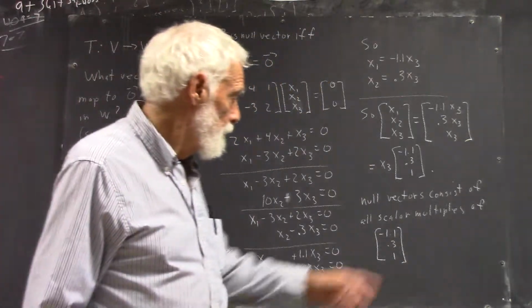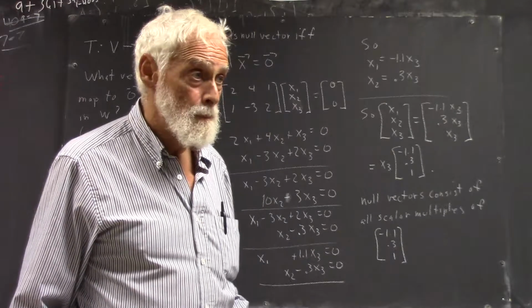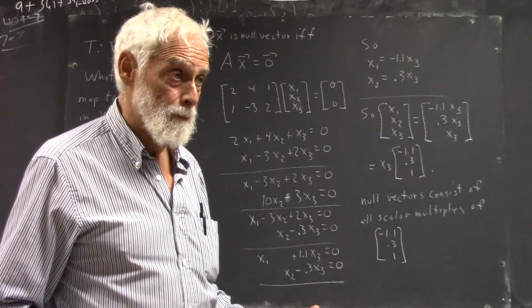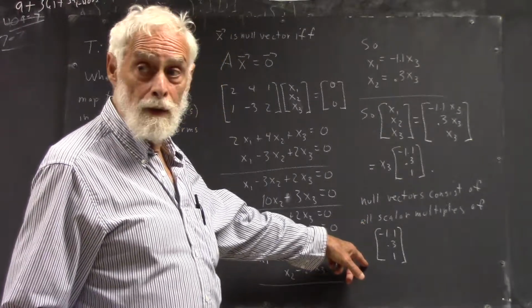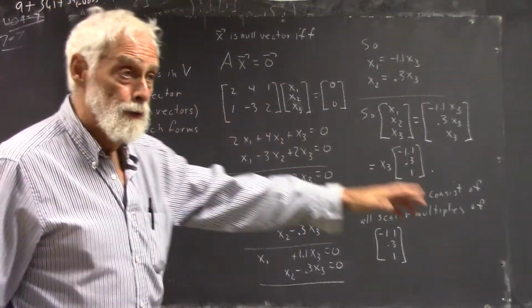Very specific vector in R3. Okay? Means all vectors that are multiples of this are going to be transformed to 0.